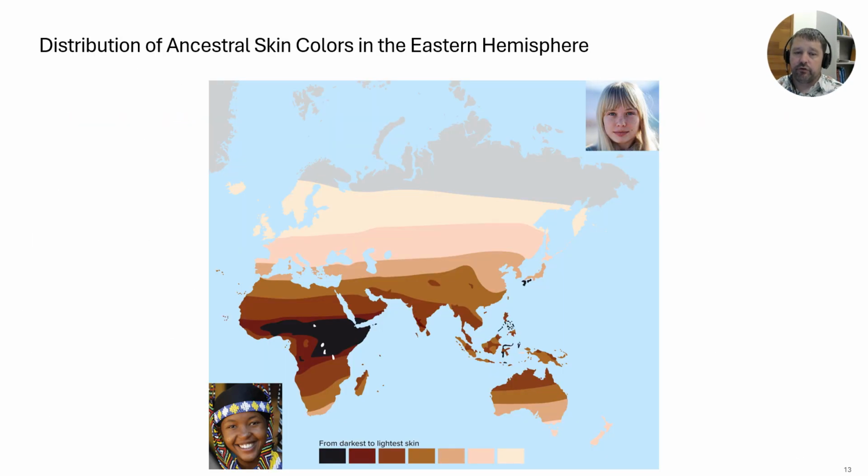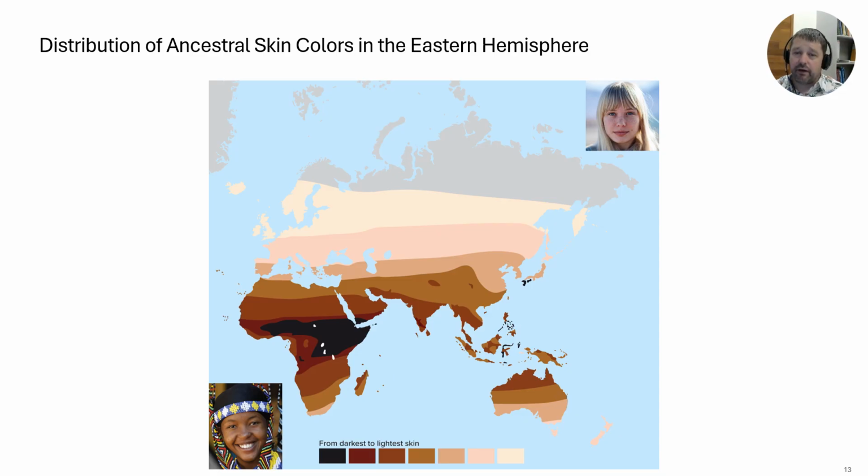Okay? And so when we look at a band that travels in both directions, it just happens that in this map here, you can see that Africa ends before you get down into the Antarctica region, things like that. But the skin color tends to get lighter and lighter as you travel south, and lighter and lighter as you travel north.